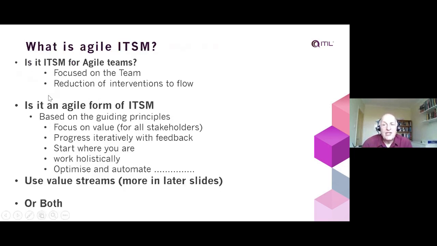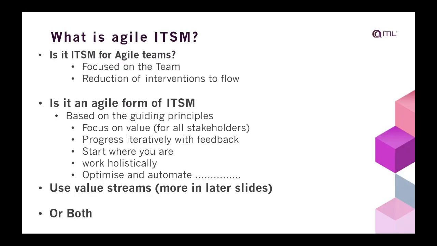So what is an Agile ITSM? Is it ITSM for Agile teams? An Agile team is focused on the team and the reduction of interventions to flow. If you're an Agile team, it's about flow. It's that move from demand and opportunity to value, and how that work flows through.